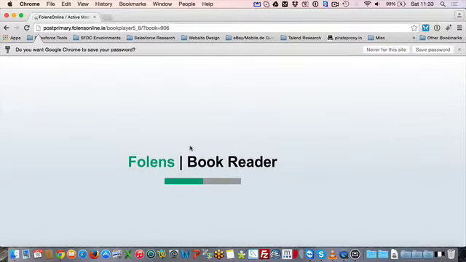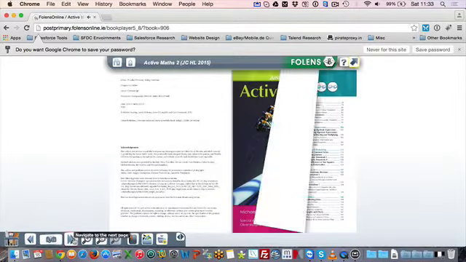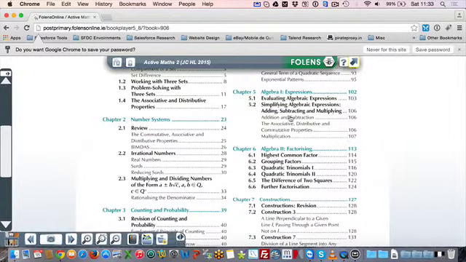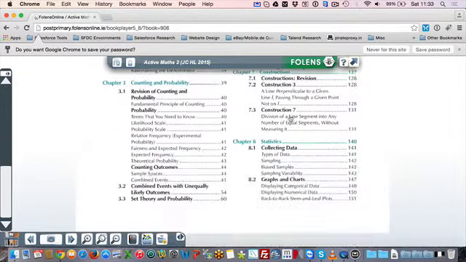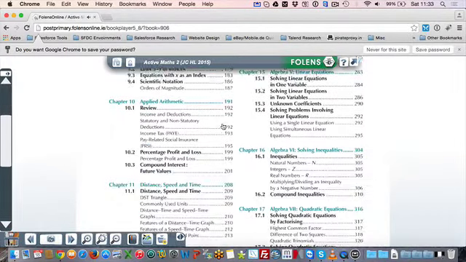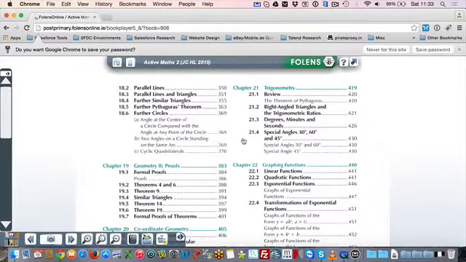Higher level, Active Maths book 2. Page... There. Degrees, minutes, and seconds. 426.